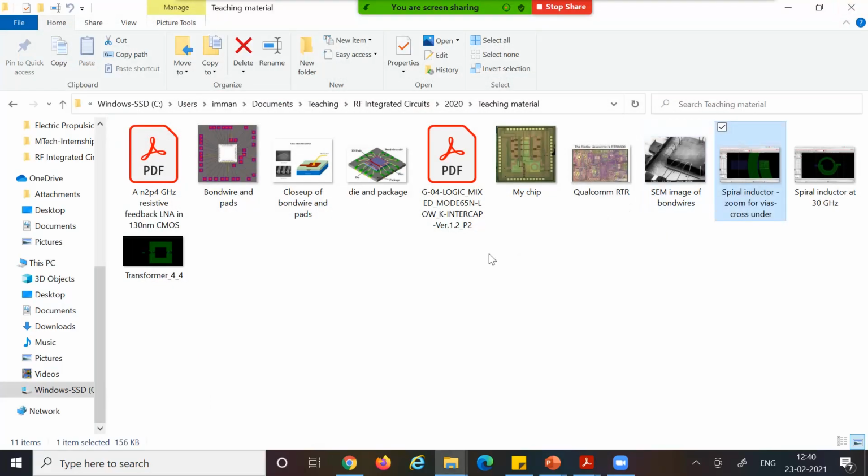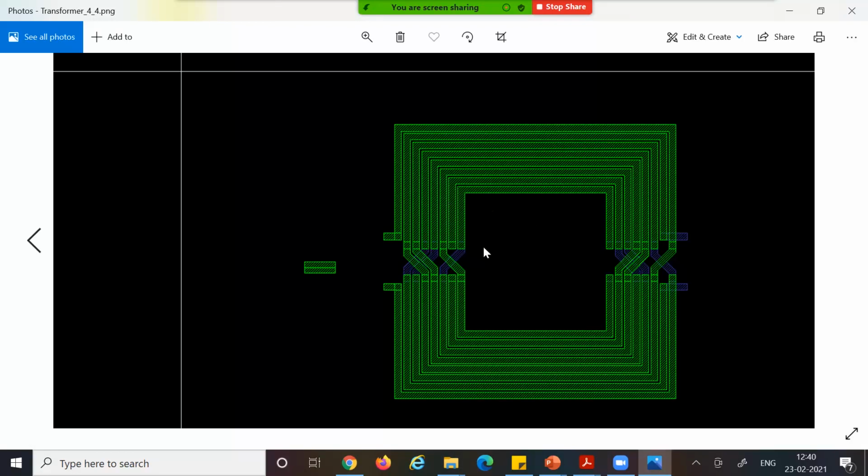Now a transformer is something like this. So this is one way of doing the transformer. Let's say this is the primary side. Now the way in which this transformer is done is the primary and secondary are running adjacent to each other. So just follow my cursor.